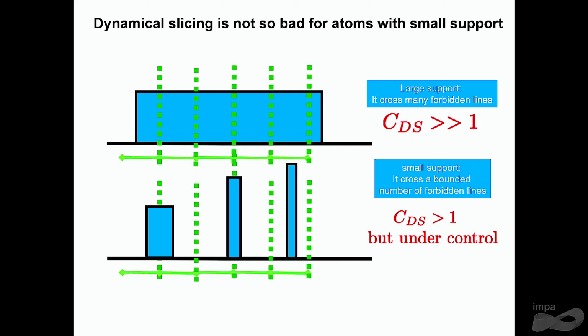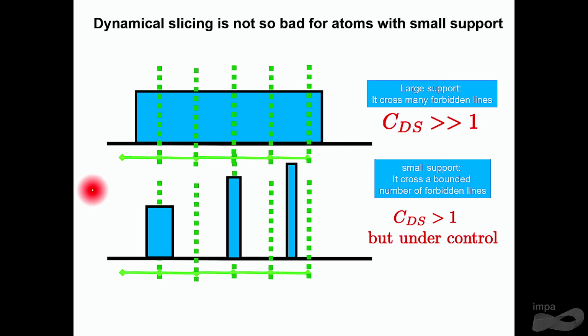Okay, so just to finish, there are 2 kinds of atoms. There are atoms whose support is very small, like those that you see here. And there are atoms whose support is very big. But the nice thing is that in this atomic representation, there's just a finite number of atoms that have large support.